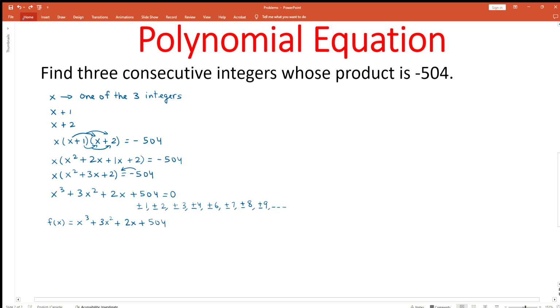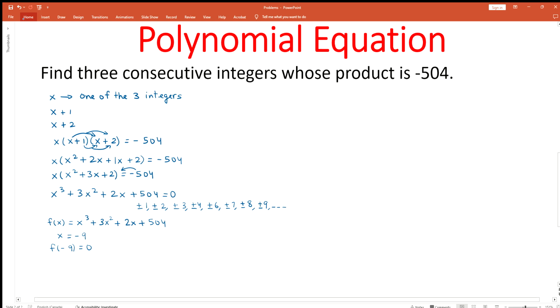As per my calculations, for x equals -9, this cubic polynomial becomes equal to 0. I found this by subbing in the values one by one in this cubic polynomial.